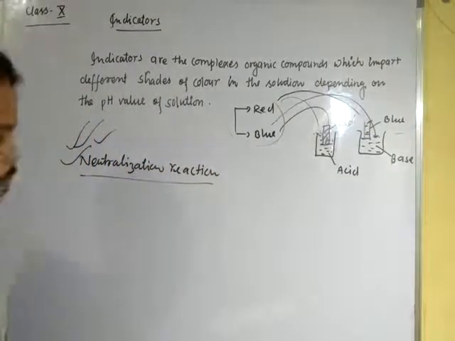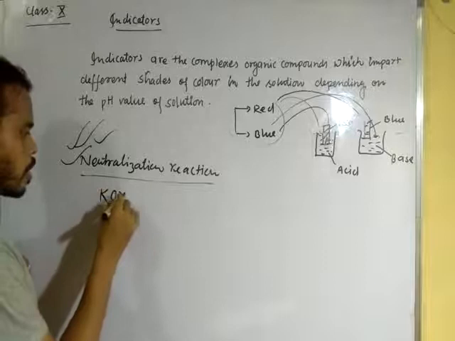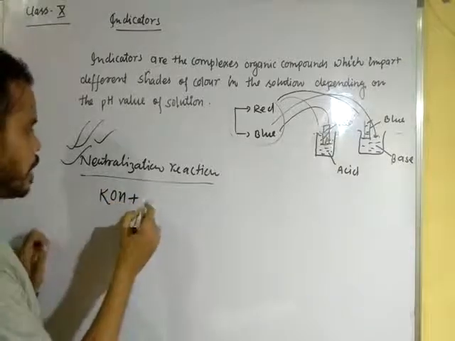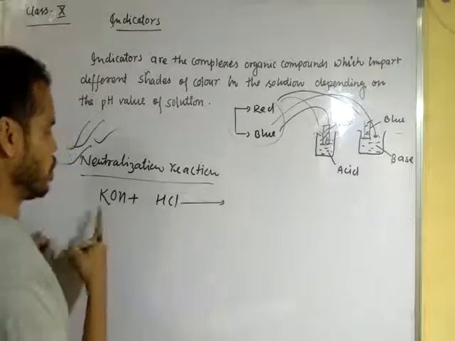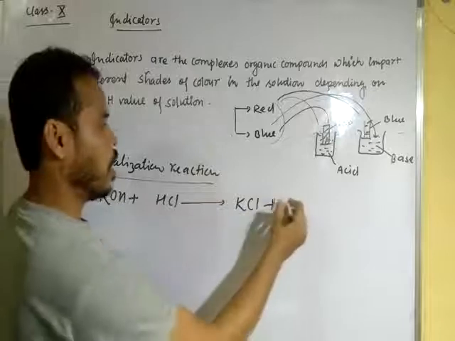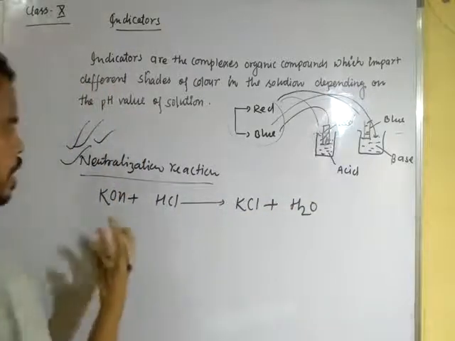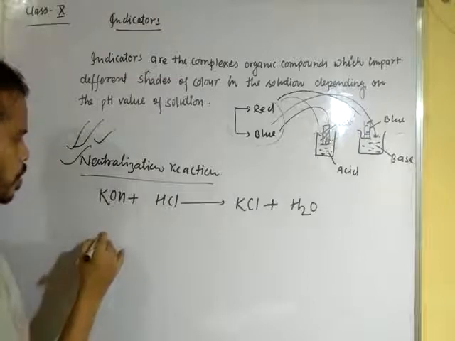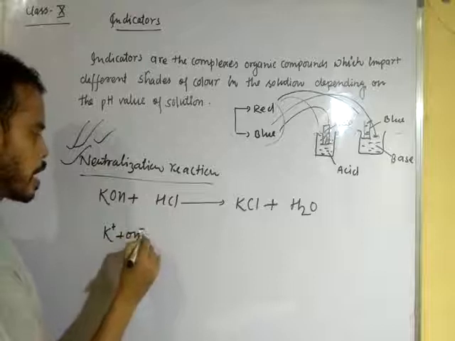Suppose we have potassium hydroxide treated with HCl to form KCl and H2O. Now split the compounds on both sides. Here potassium is a positive ion and hydroxide is a negative ion.